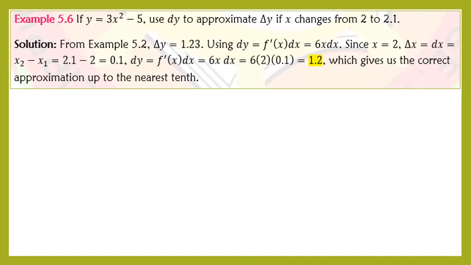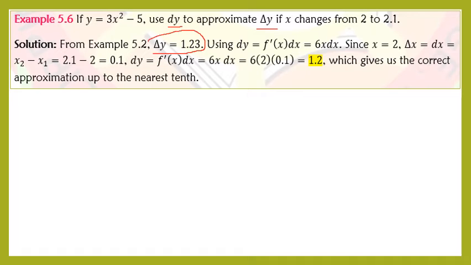First example is if y equals 3x squared minus 5, the same with the previous example. Use dy to approximate delta y, if x changes from 2 to 2.1. Okay, so from example 5.2 class, ang delta y natin doon is 1.23 yung na-obtain natin, diba?